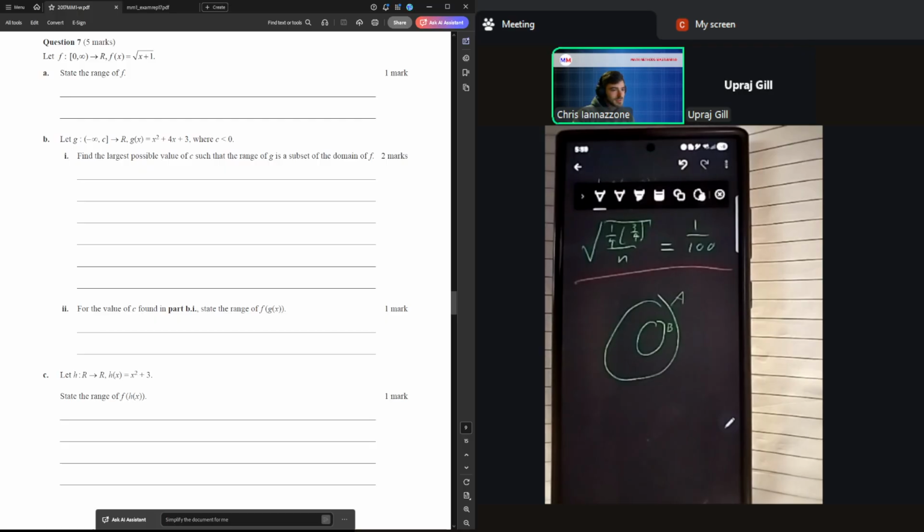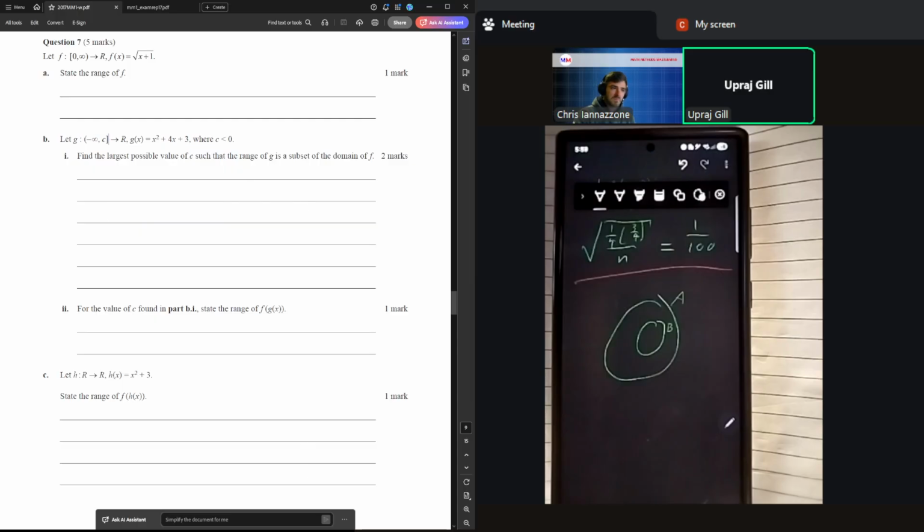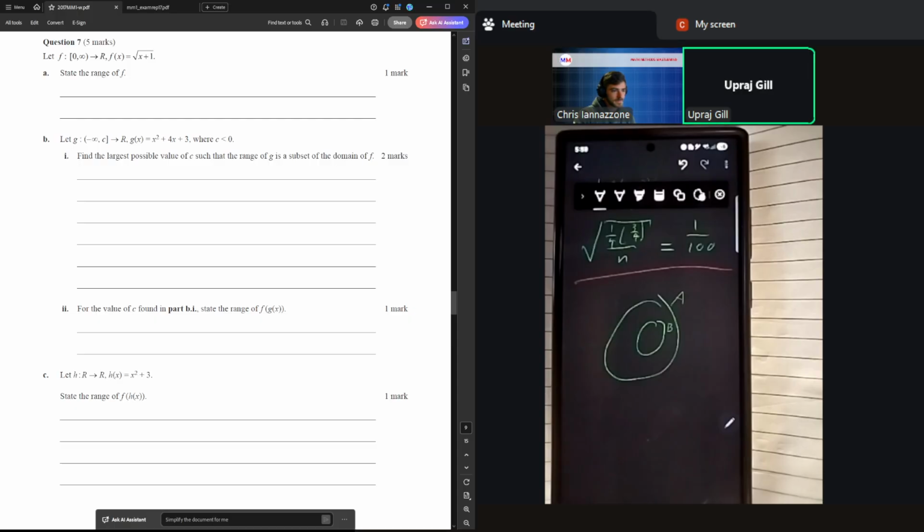So I'm assuming that means you took g as the domain. Oh, I took f as the domain. That's interesting. It still works out if you choose f as the domain, because the rule of f of g of x would be x plus 2, and then if you took it from 0 to infinity, that would just be 2 to infinity for the range.